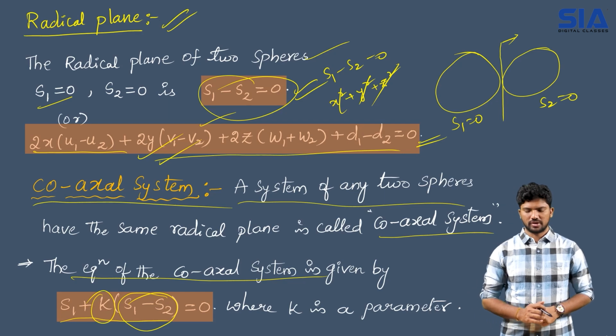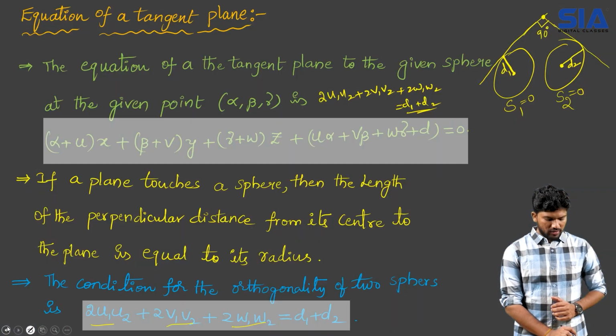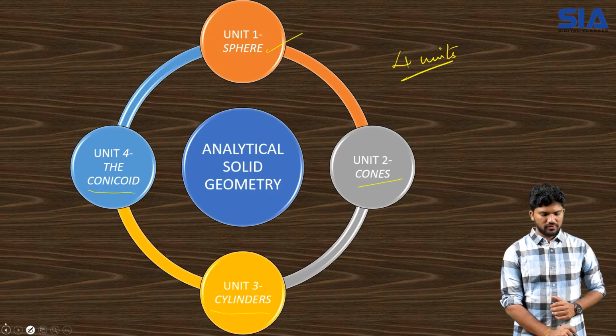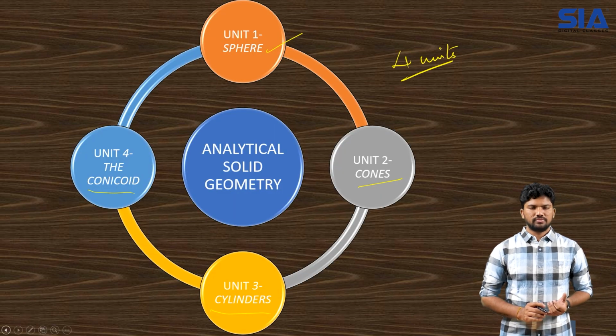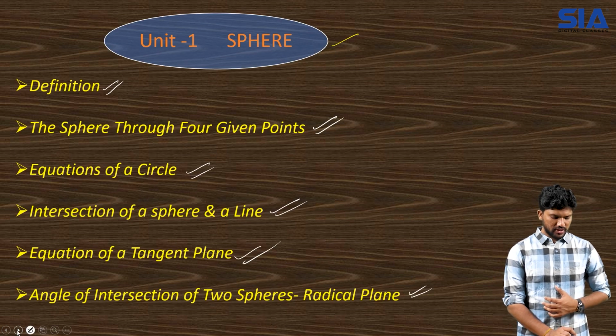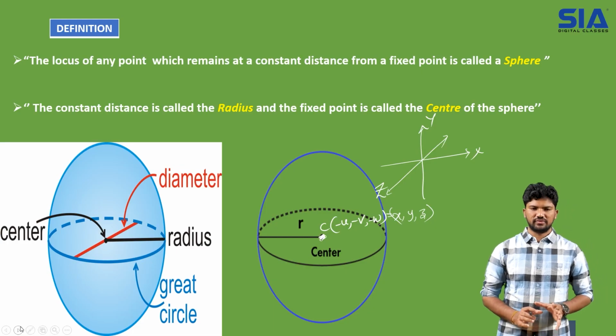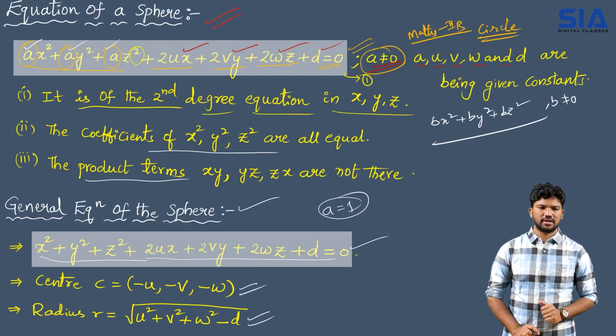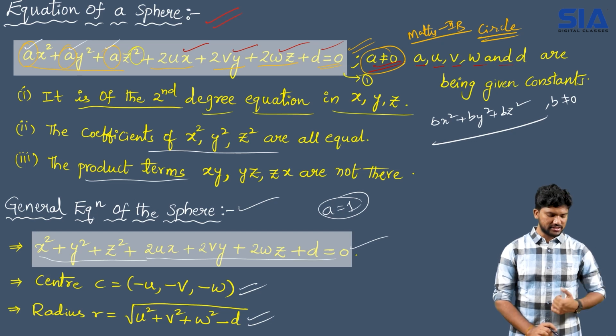Now we have discussed all the concepts of the first unit. First we discussed the topics in unit 1, then the definition of the sphere, and next the equation of the sphere, the standard equation and general equation.